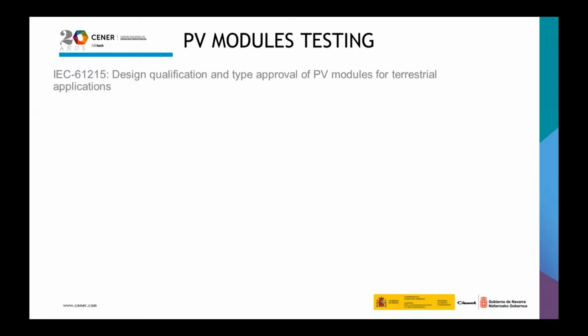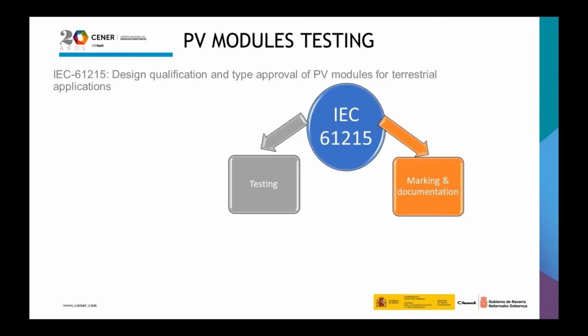The IEC 61215 standard is designed for design qualification and type approval of PV modules for terrestrial application, and comprises two parts.